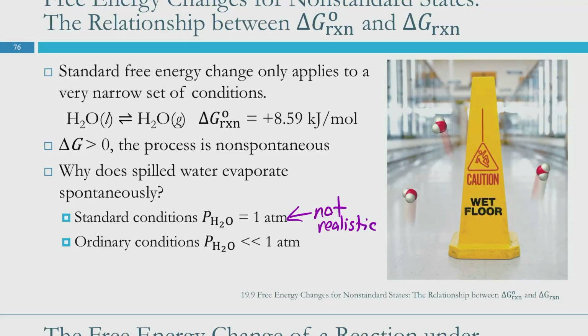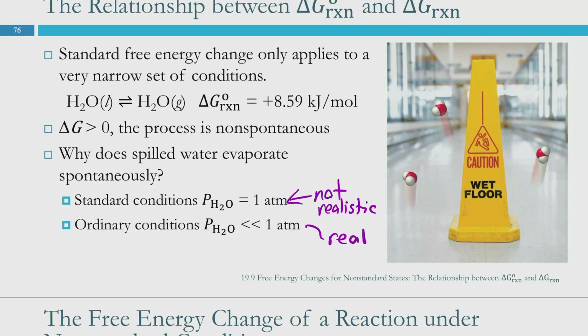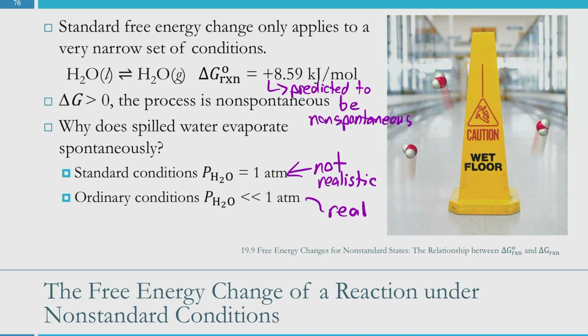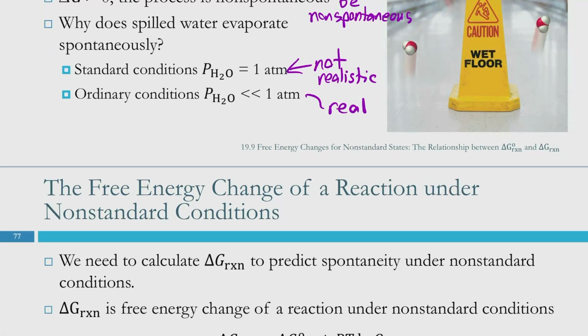There's other gas around. We've got a small partial pressure. So even though it's predicted to be non-spontaneous, it does happen spontaneously. We don't have to shoot it with a heat gun to get it to evaporate.